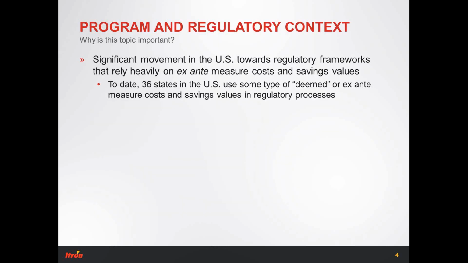So, that said, why is this topic important and relevant for today? In a nutshell, there's been probably over the past 15 years or so of movement in the United States towards regulatory frameworks that rely on ex-ante or deemed values of measure cost and savings. 36 states use some type of deemed cost and savings values in their regulatory proceedings.